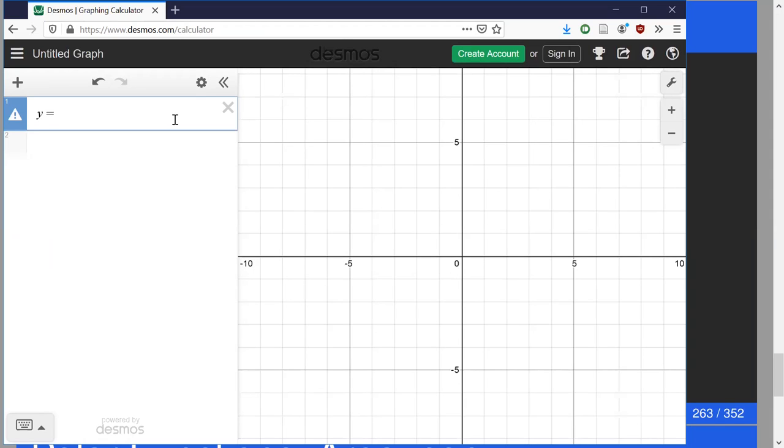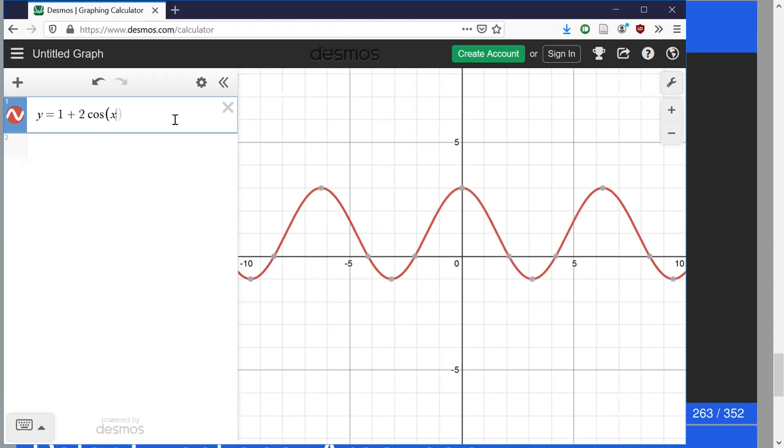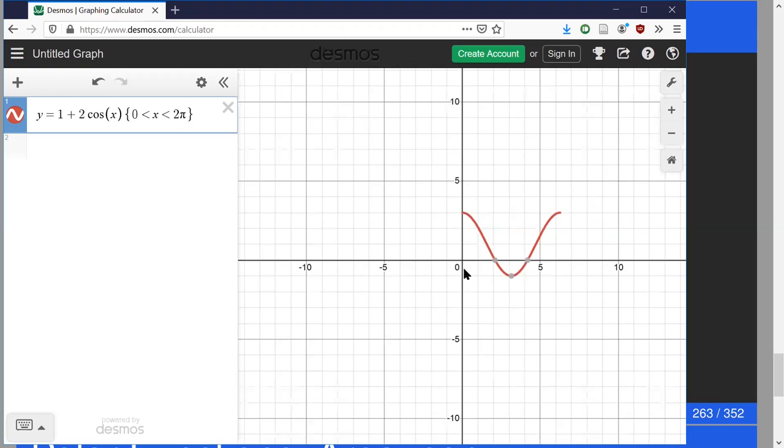So we are looking at 1 plus 2 cosine of x, and we are really only interested in x going from 0 to 2 pi. So this is the part of the graph that we're going to look at.